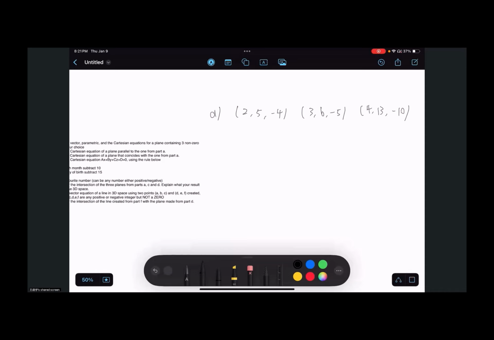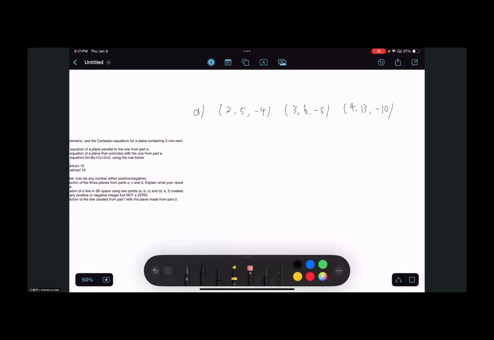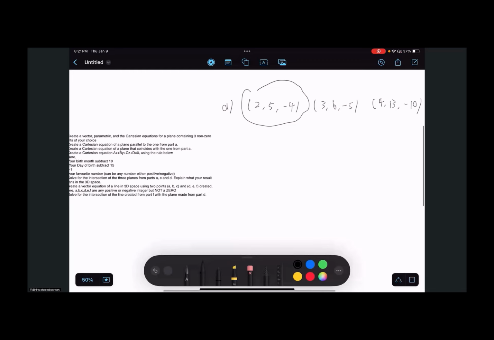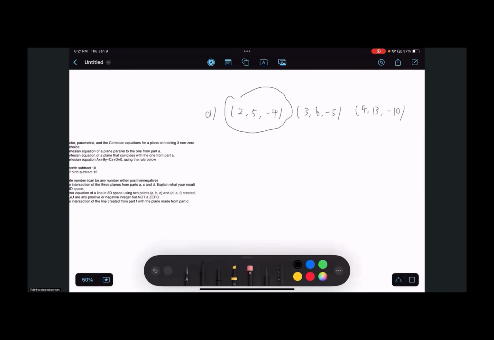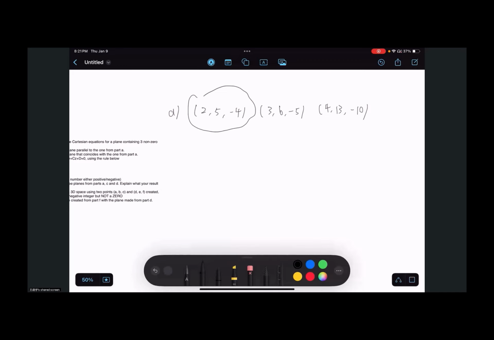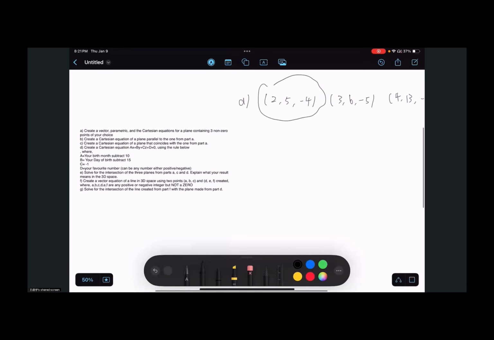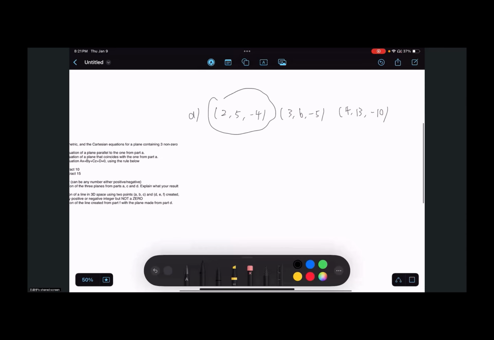At first, I need to choose a point for the vector equation. So I can choose 2, 5, -4 for my point. The next thing we should do is to find two direction vectors because it's a plane, which means it has two direction vectors.